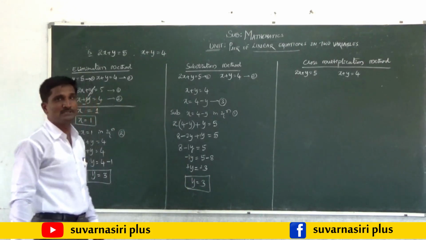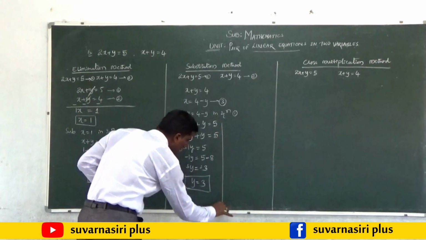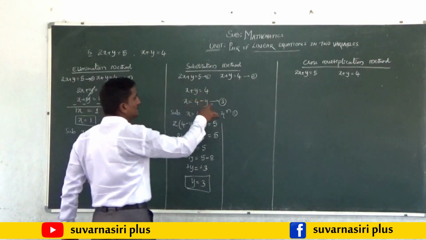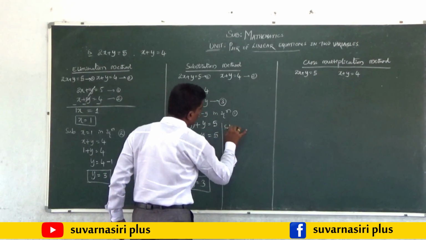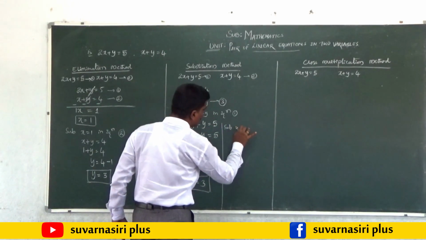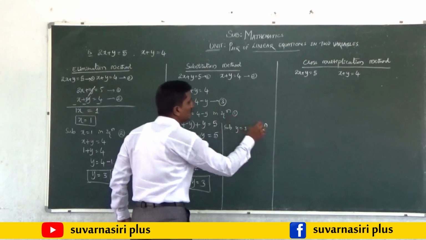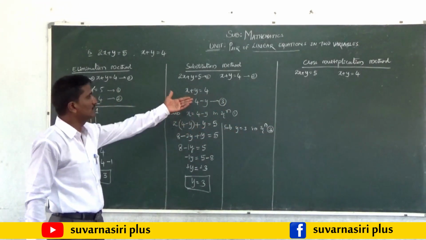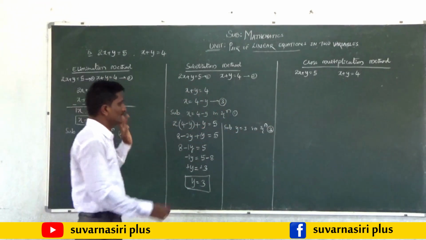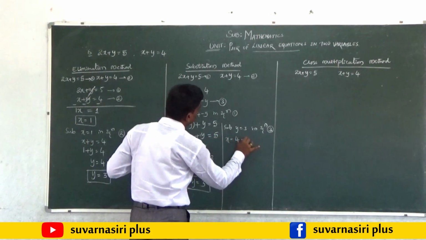After getting y is equal to 3, we want the x value also. So again you have to substitute y is equal to 3 in equation number 3, and we get the x value. Once you substitute this y value in equation number 3, x is equal to 4 minus y.